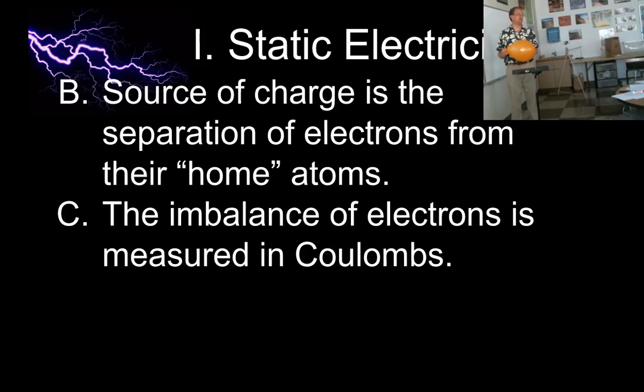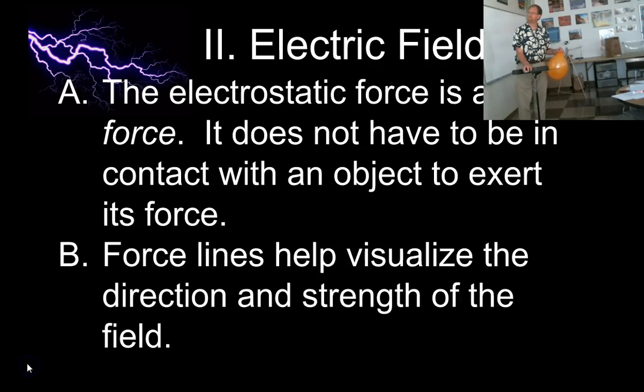But a coulomb is actually a lot of charge. One coulomb is a huge amount of electrical charge. The average electrical charges that you're going to work with in a lab or in your home usage of electricity are very, very small fractions of coulombs, microcoulombs, picocoulombs, things of that nature. But that's the unit of measure that we use.